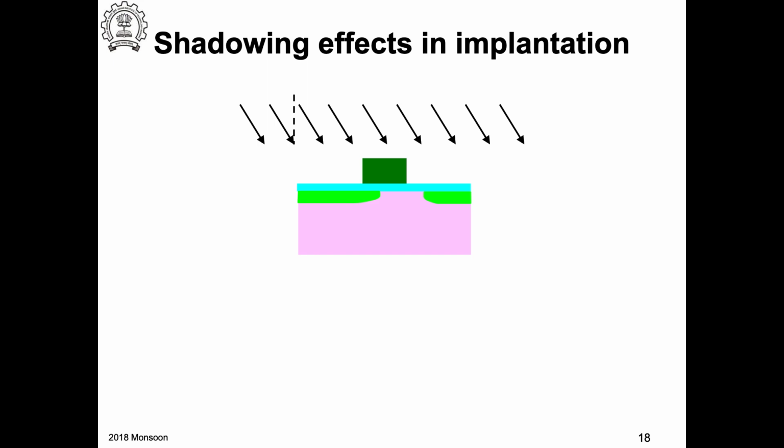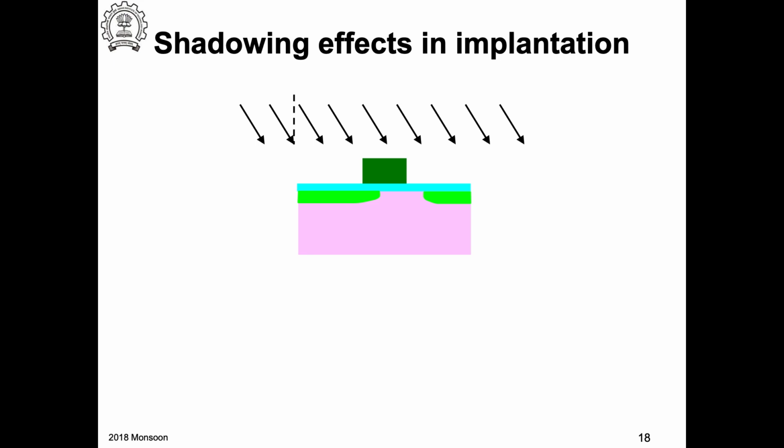Okay. So if you go back to the previous slide, what you're saying is that instead of implanting it like this, you implant it with a tilt. So you tilt the beam, or typically you tilt the wafer. Okay.